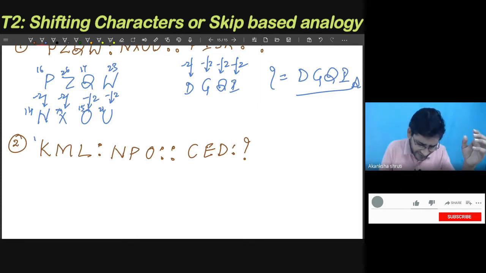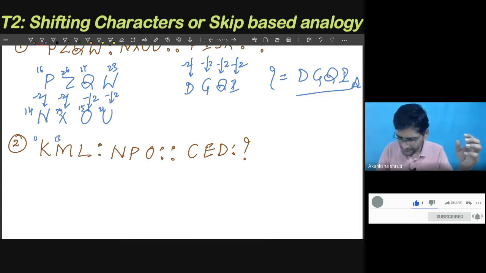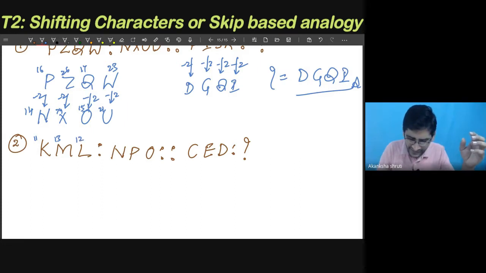So K is our 11, M is our 13, L is our 12, then N is our 14, P is 16, O is 15. Then you start thinking. For marking that, you may mark 11 to 14 it is going, or maybe it is possible 11 to 15 it is going. So there are two possibilities.